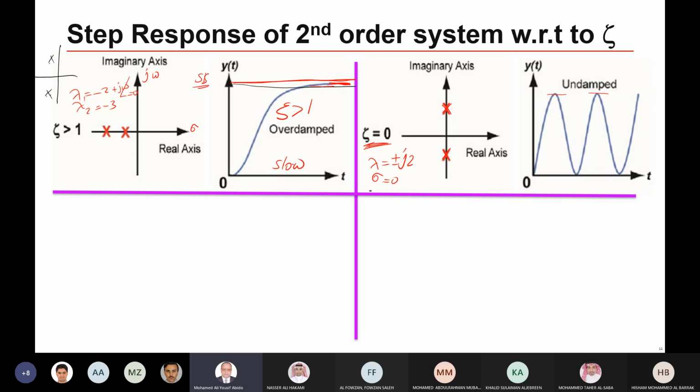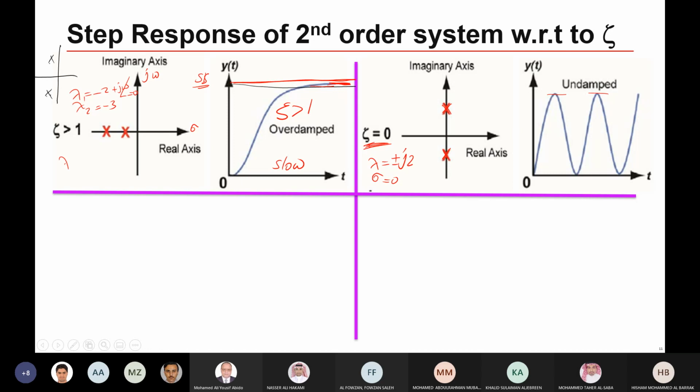Critically damped, then zeta equal to 1, when these two poles coincide with each other at the same location. Here, lambda 1 equal to lambda 2. We will see it in this case, Hisham, critically damped, where zeta equal to 1.